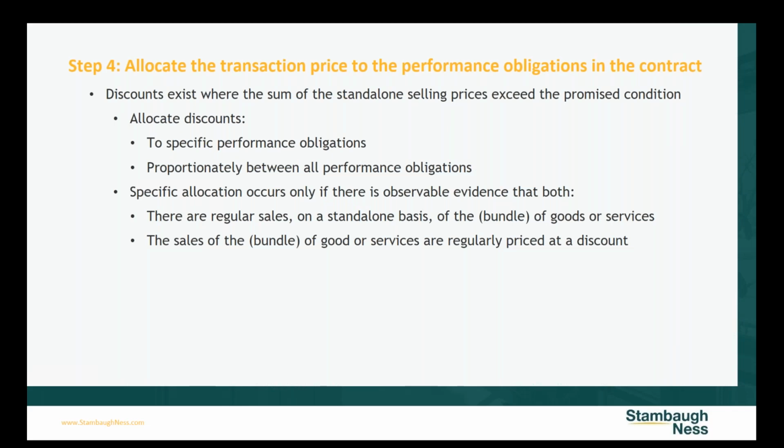But just to kind of go through how we would allocate discounts, we would allocate them to specific performance obligations or proportionally across the performance obligations. We could only allocate specifically to one if there is evidence that it truly is related to that one performance obligation, or based on regular sales, a discount would be received on that performance obligation, if a bundle of services or goods would regularly be priced at a discount.